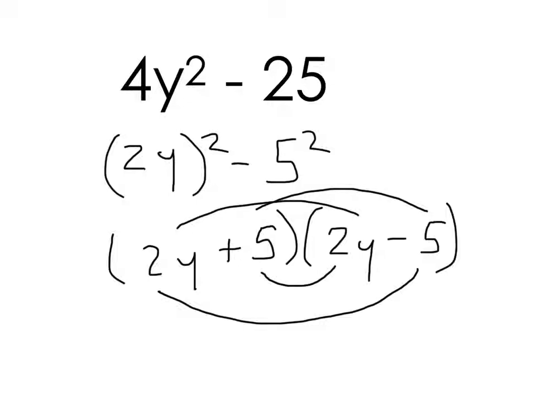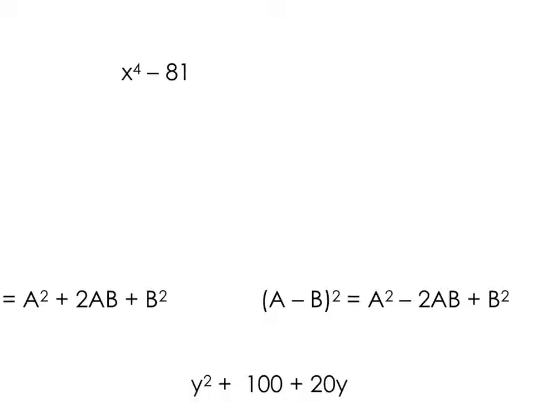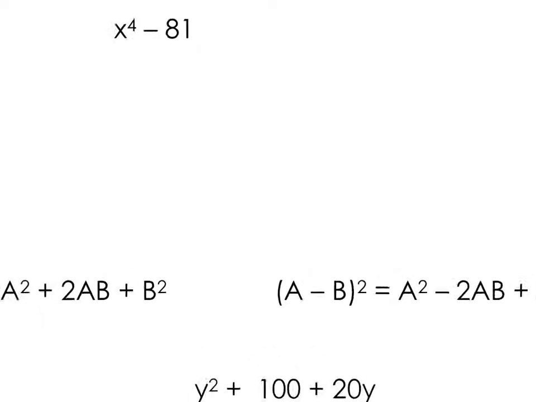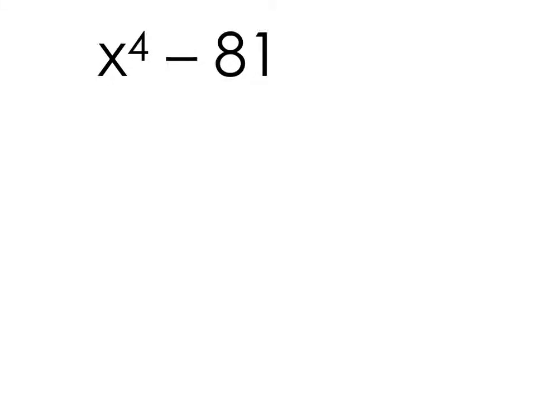So the outside and the inside cancel each other out, and you're just left with 4y squared minus 25. Recognizing the difference of perfect squares is wonderful because it is fast.